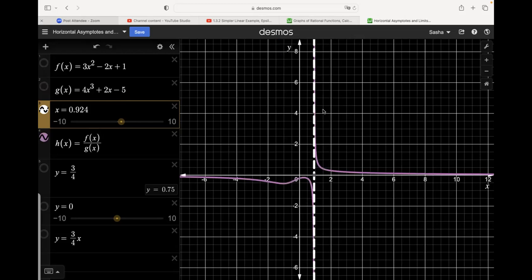we see we've got that vertical asymptote right there. And we said that the horizontal asymptote, because the degree of the denominator was larger, when we divide by the x cubed, we end up with a 0 as our limit. So there's our horizontal asymptote and our vertical asymptote, and our graph roughly looks like that.